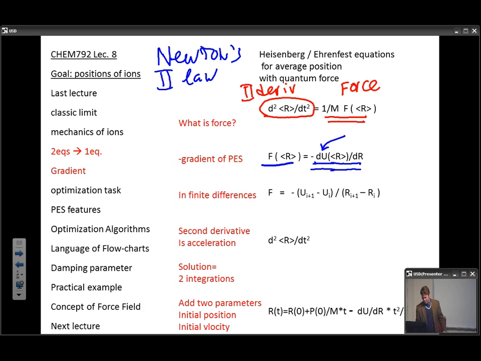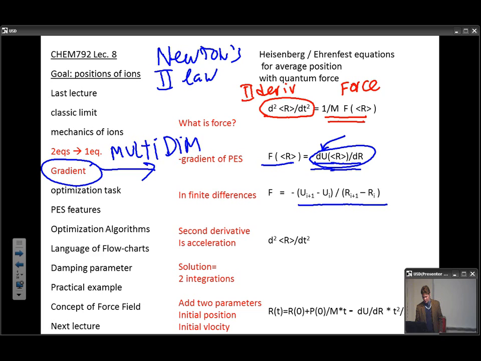If anywhere we have forces, or this derivative of energy with respect to position, which is also referred to with the word gradient, especially if it is multi-dimensional, then one can replace it with finite differences, so that one takes two positions and finds values of the potential energy surface at these positions.